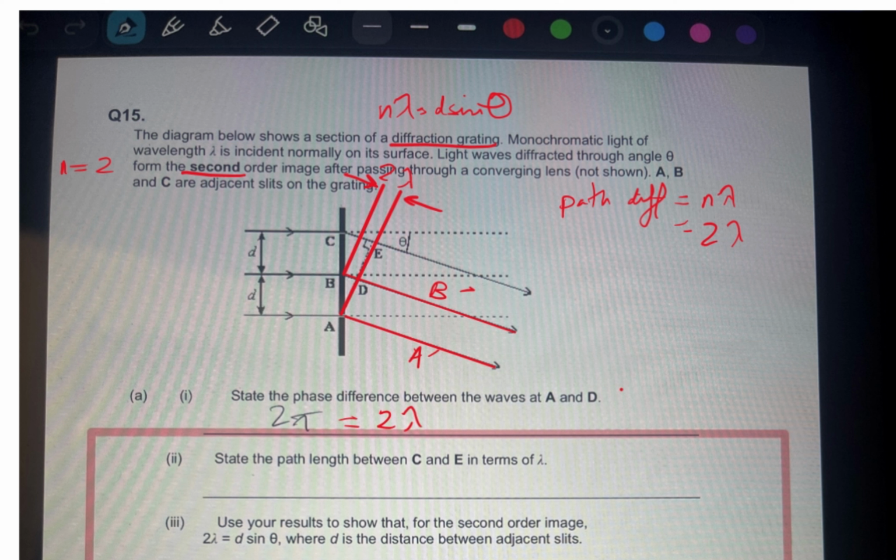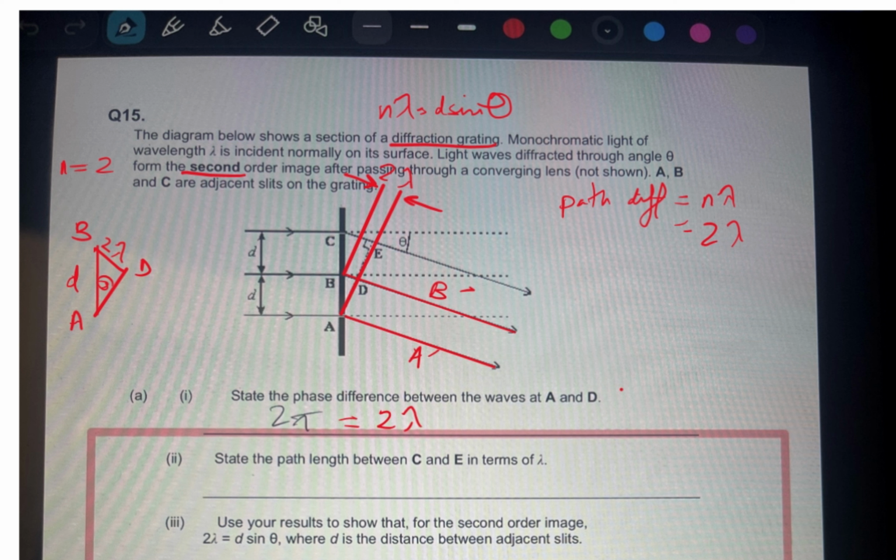Now, state the path length between C and E in terms of lambda. Right, so what do we know? If we draw A, B and D, this is small d, this is 2 lambda, and there's your theta.